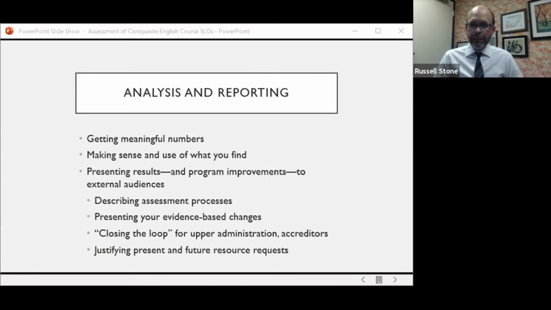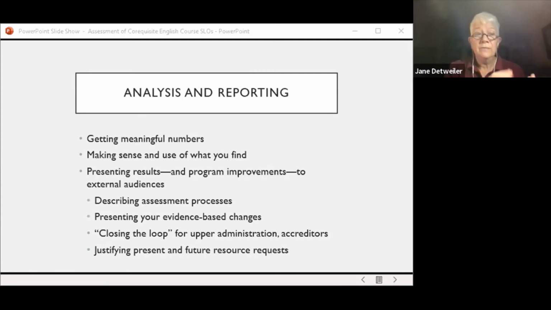I would just add to that that when I've done assessment projects, I used both quantitative and qualitative data that was derived from the assessment in reporting. But I tried to come up with versions of the report that were addressed to specific stakeholders. Of course, the numbers were useful to the instructors as they were going through curriculum reform or wanting to change their assignments.